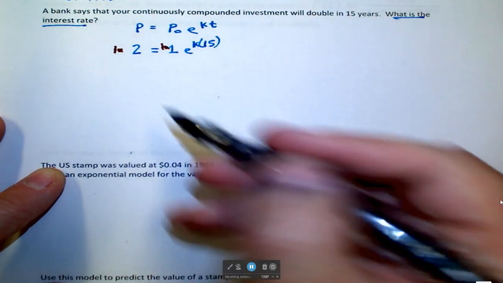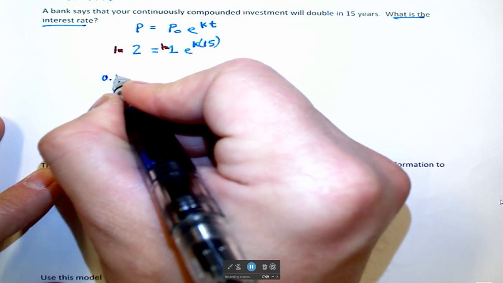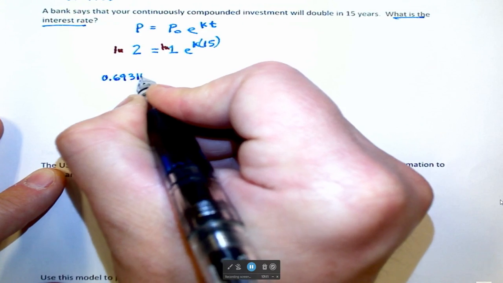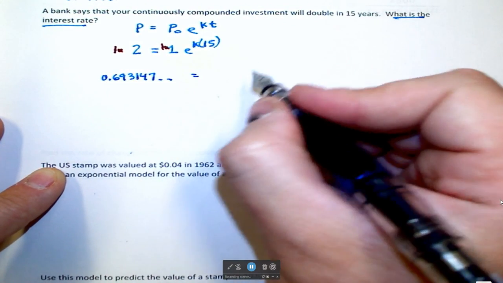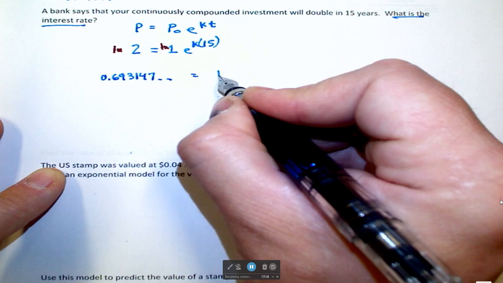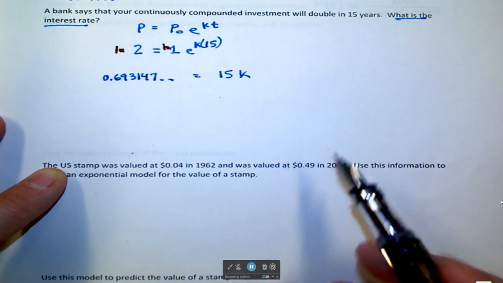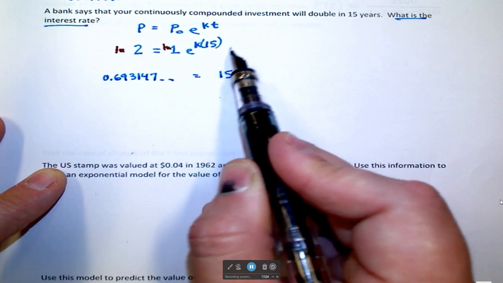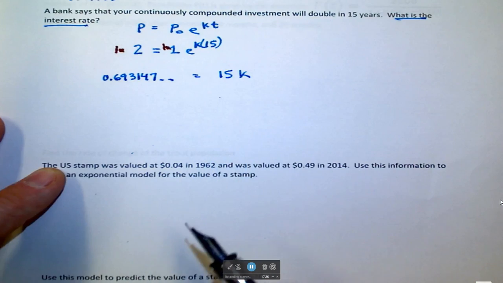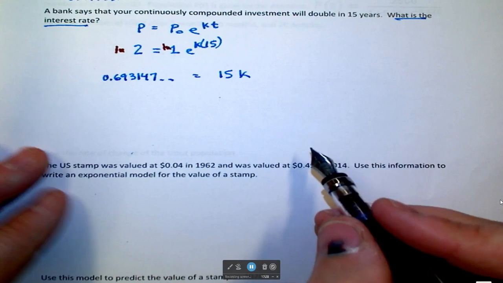And we get 0.693147 and all that jazz is equal to what? 15k, right? Because the natural log of e is 1, and this exponent comes down as a multiplier. So we get that.